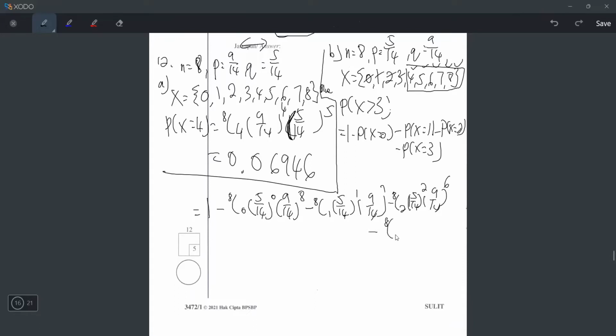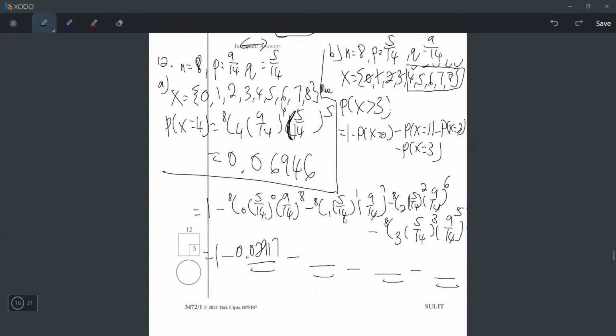And then the last one is 8C3 times 5 over 14 and 9 over 14, power 3 and power 5. So you get 1 minus something, minus something, minus something, minus something. What you get here, no need to press 8C0 and the power 0, because it's 1. So just press 9 over 14 power 8.